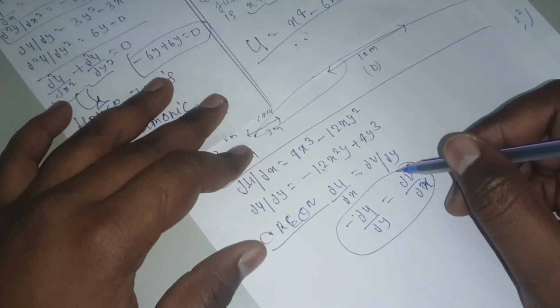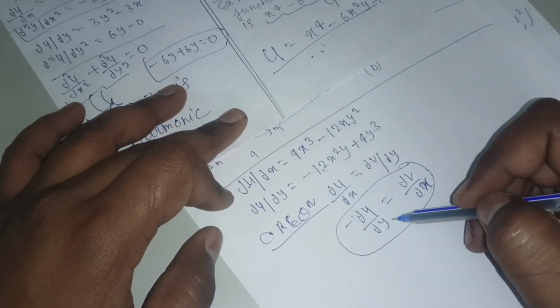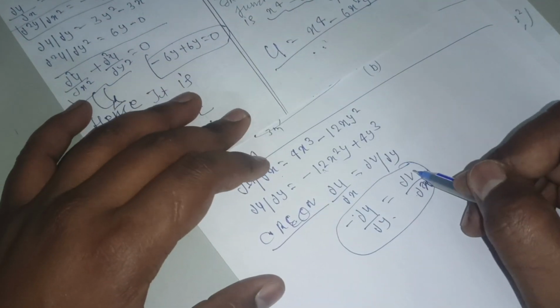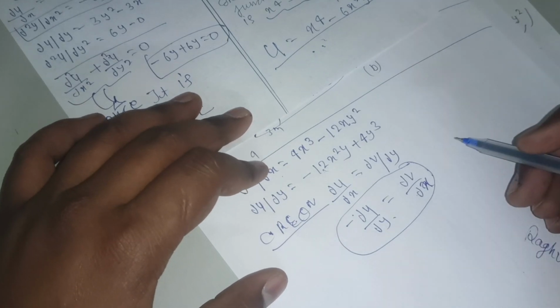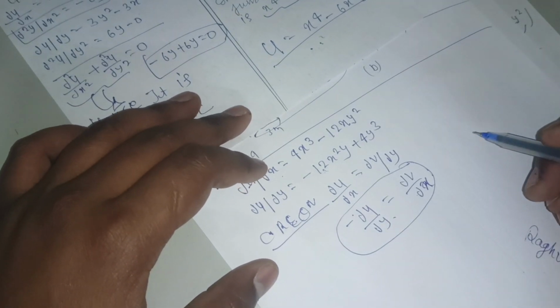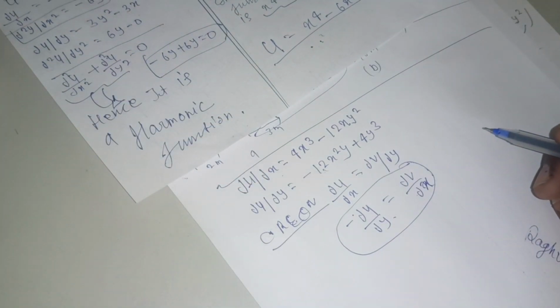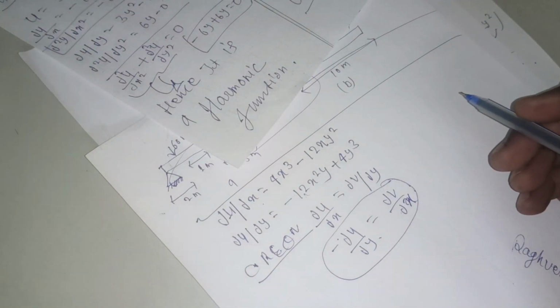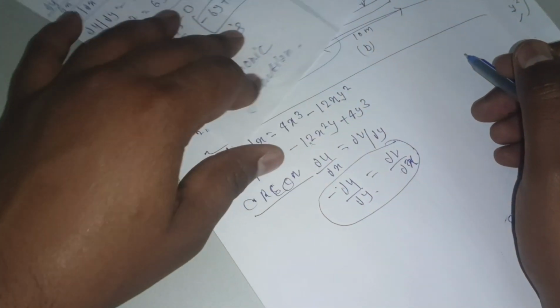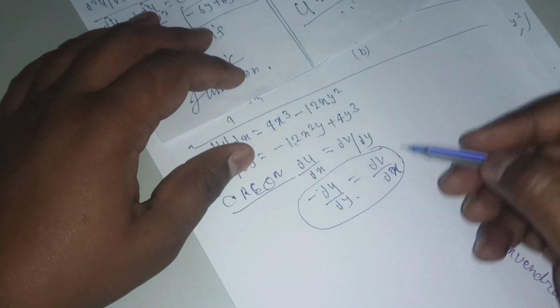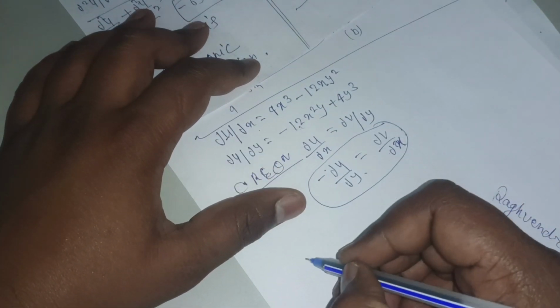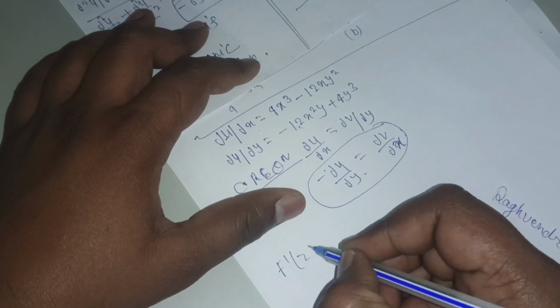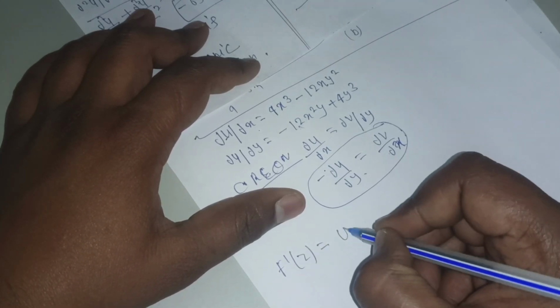Basically here there is only the u function, and how can we compare it? Let me check it. So this was the CR equation, and now the third step is that f dash z is equal to u plus iota v.